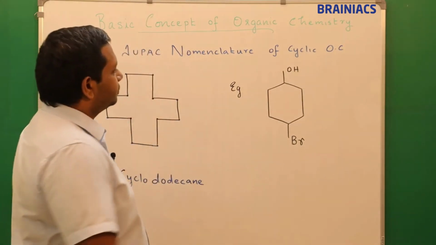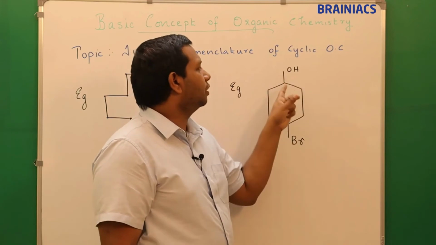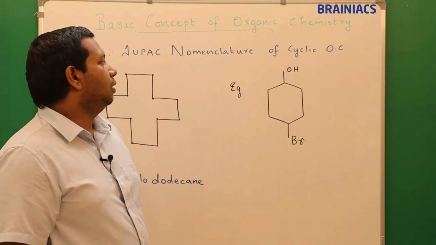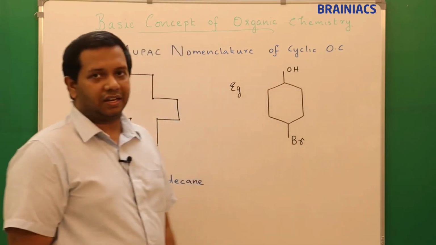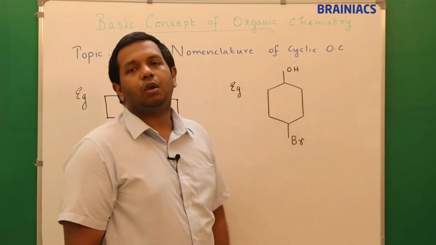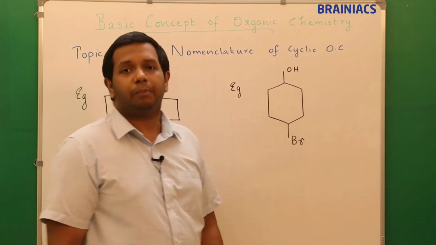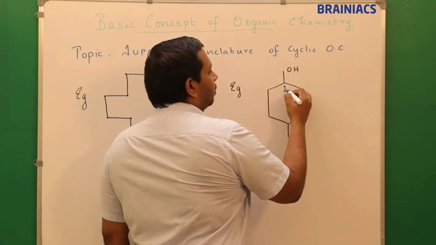So here you are given a cyclic compound and please assume that there is a functional group present outside the cyclic compound. We know that whenever a functional group is attached to some carbon atom in the cyclic ring, that carbon should get the highest priority, that means the lowest number while numbering. So I should mandatorily mark this as number 1.